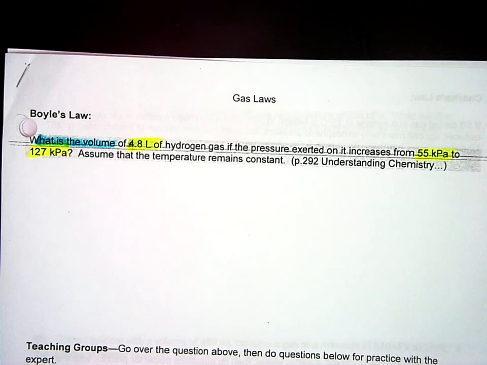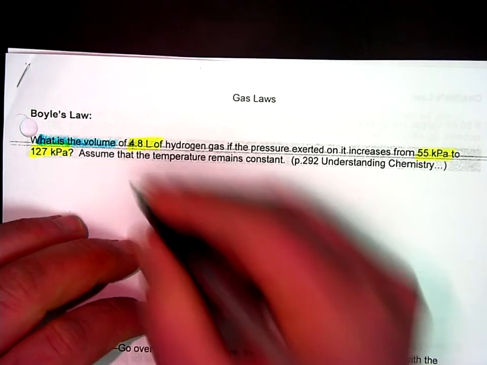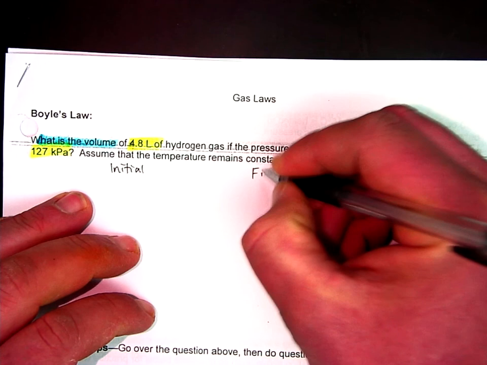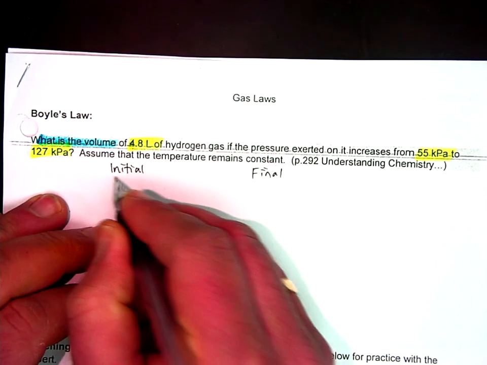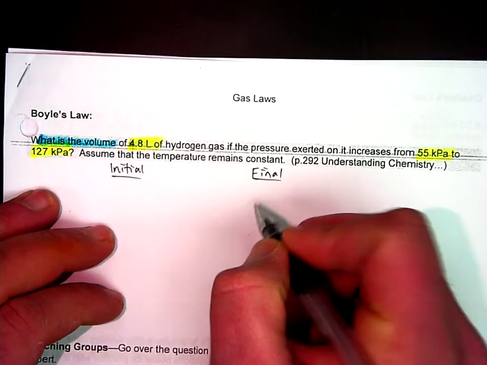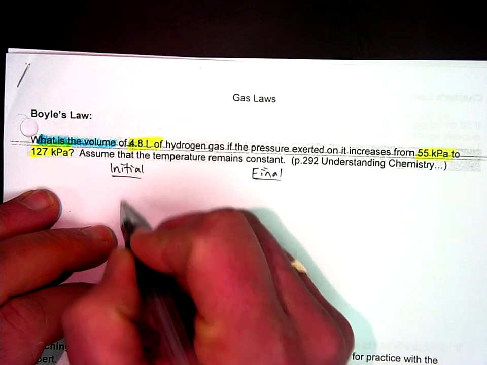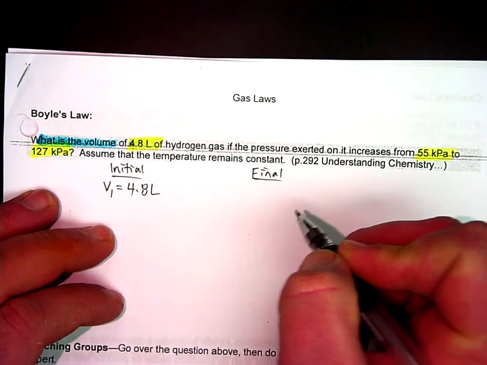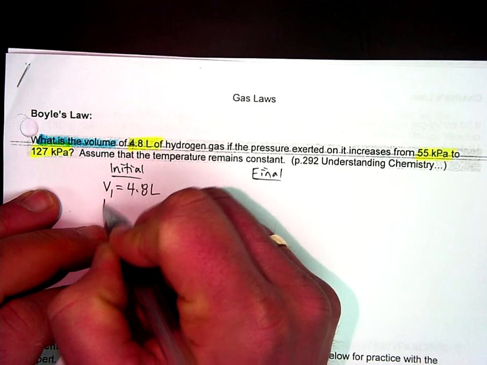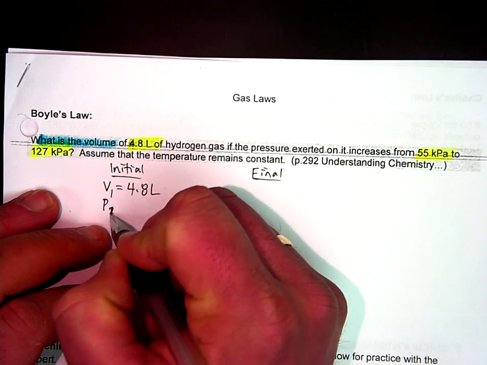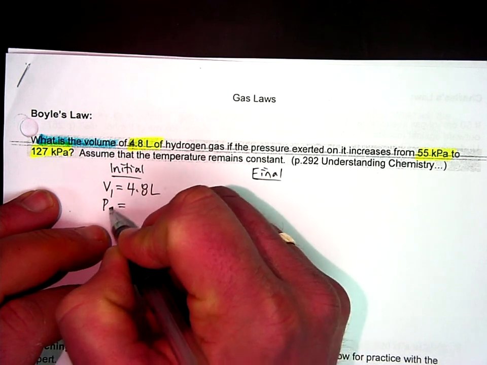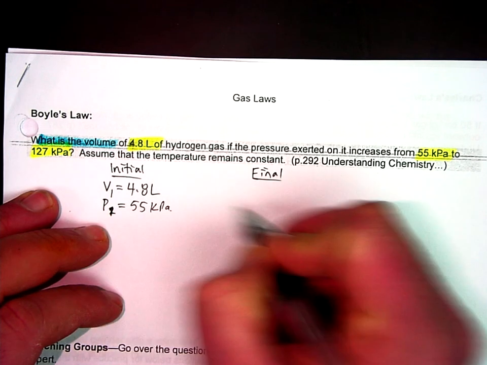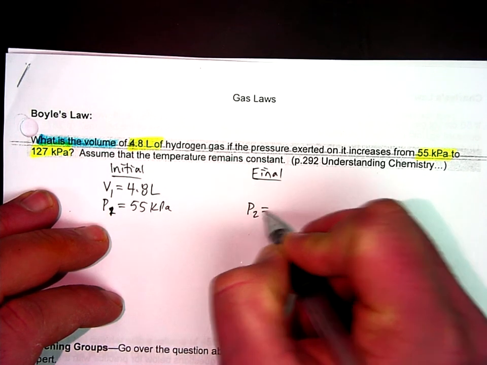So we'll set it up in the same way that we did with those dilution problems. We'll have an initial and a final, or a first and a second. We want to know what the new volume is if the volume starts off at 4.8 liters, and the pressure increases from 55 kilopascals all the way up to 127.